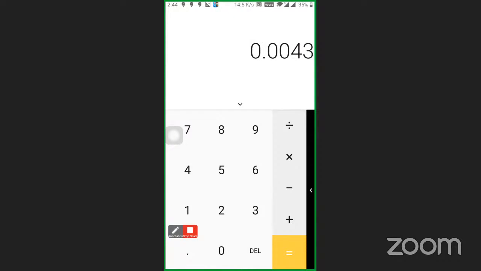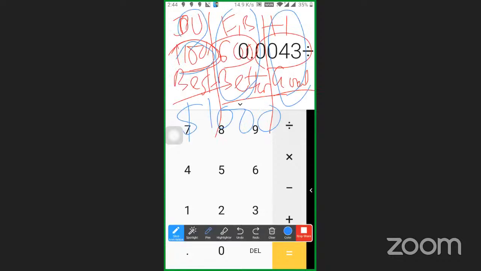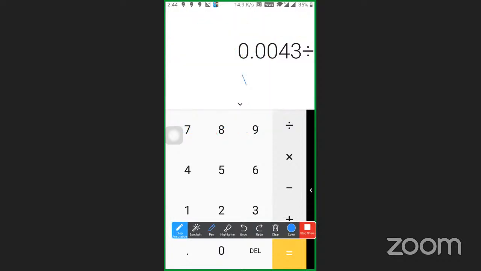Now, second thing you can do, divide this by the first buy-in amount. What is the first buy-in amount? Anybody remembers what the first buy-in amount is? Can anybody answer this in the chat? So far, I have been teaching you and you've been listening.